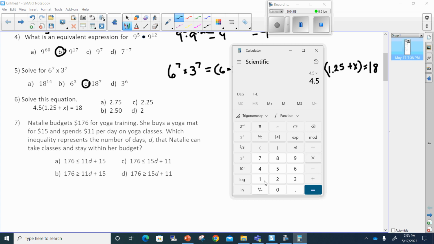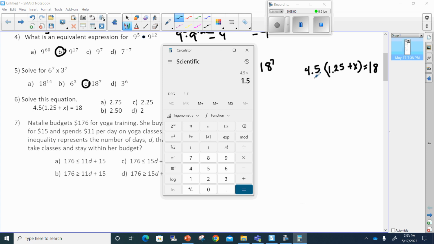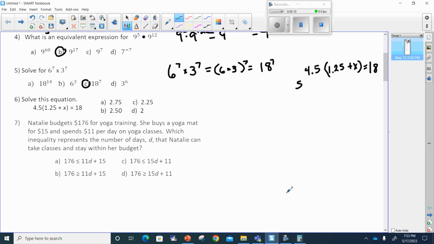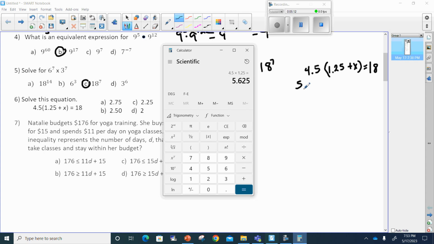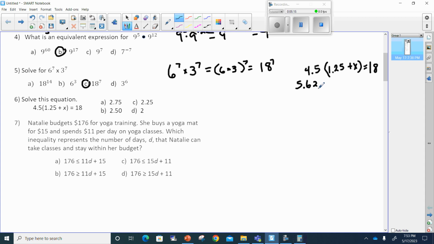That's going to equal 5.625. And then it's going to be plus, remember we multiply here and then we multiply here as well. So that's going to be 4.5x. That's got to equal 18.